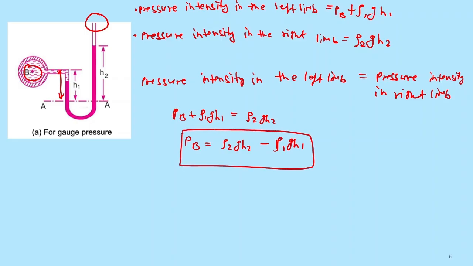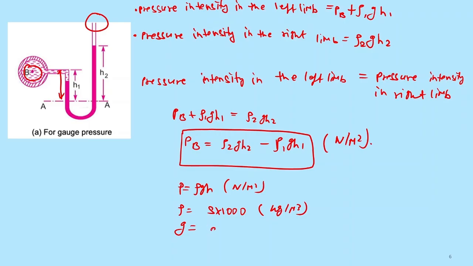And that is the derivation, or you can say formula for this, and its unit is Newton per meter square, where you can write P equal to rho G H Newton per meter square, density equal to S into 1000 kg per meter cube, and G equal to 9.81 meter per second square.